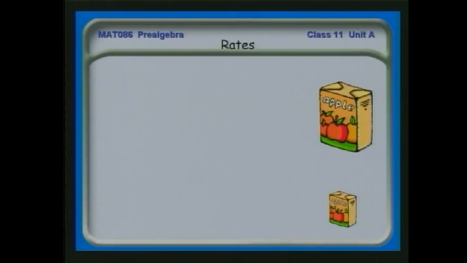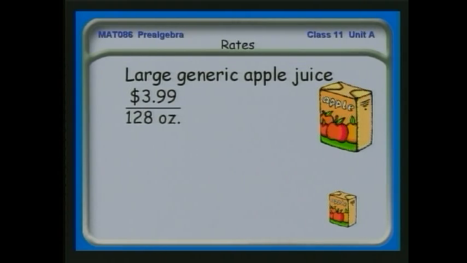Let's look at another couple of examples. Here we compared two different brands of roughly the same things. Now let's look at comparing something else. We have two different sizes of apple juice, and we'll take generic apple juice. We have a large generic apple juice that sells for $3.99 for 128 ounces.